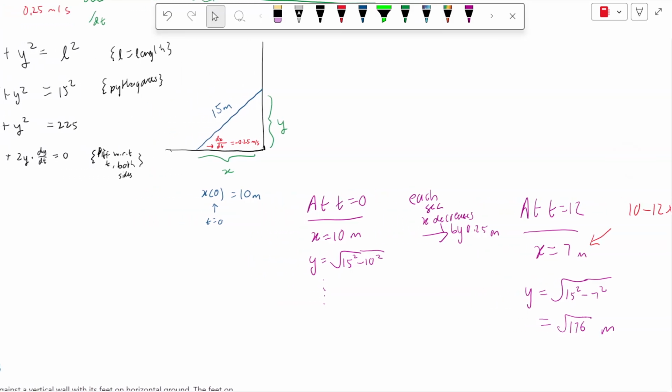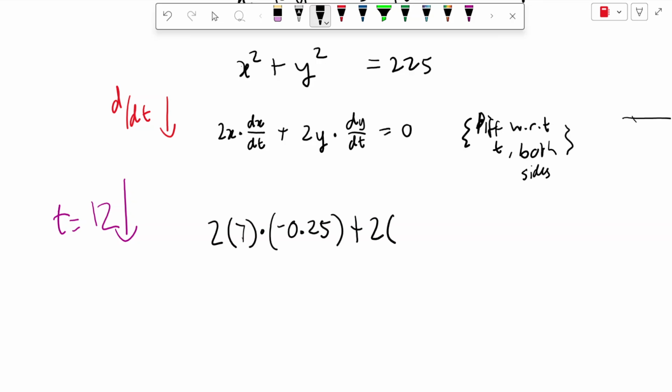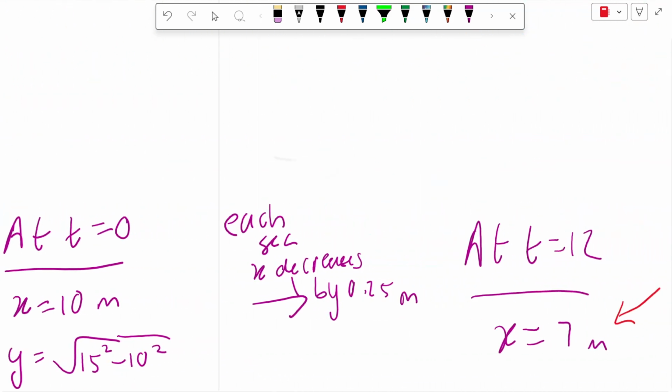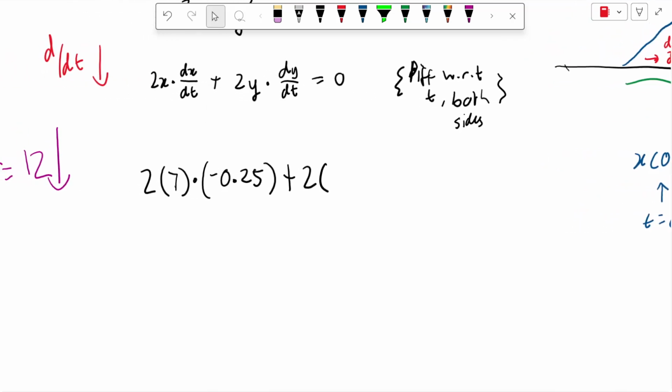Okay. And then we can plug in everything. So at t equals 12, we've got 2x. So this is 2 lots of, x was 7. The dx over dt was minus 0.25, plus 2 lots of y, which was, I think, root 176. So we'll just pop that in. And we're going to times it by dy over dt, and then all that should equal 0.